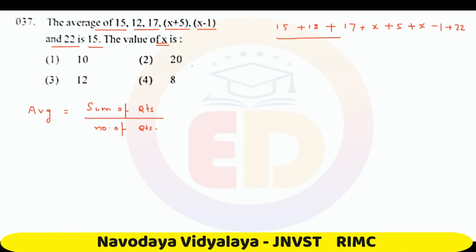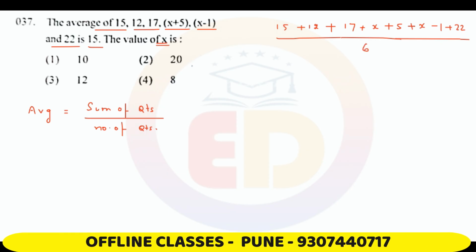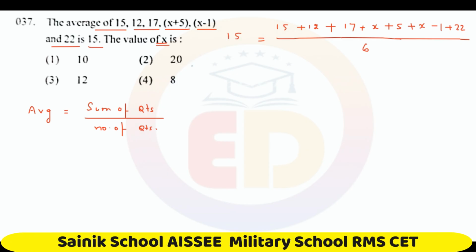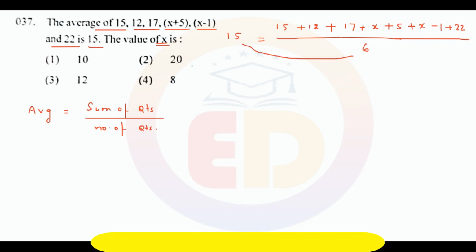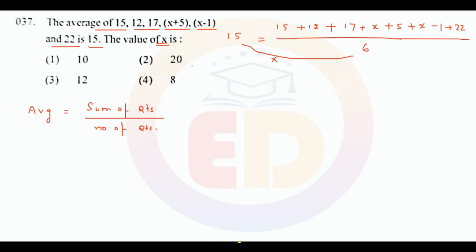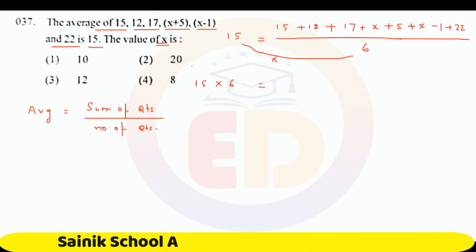So if you count them, there are total 6 values. So we will divide by 6 because the number of quantities will be 6 and the average is 15. Now to solve this question, I'll take the 6 from right hand side to left hand side. Since the 6 is in denominator, when you change its sides it will be multiplied. So on the left hand side I'll have 15 multiplied by 6 equals, I'll add the numbers.